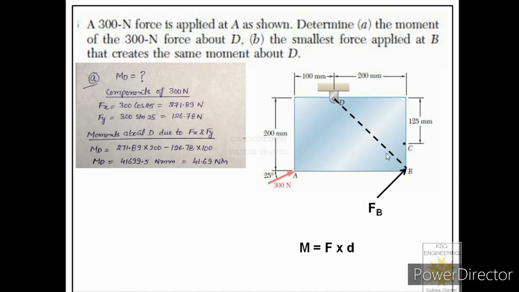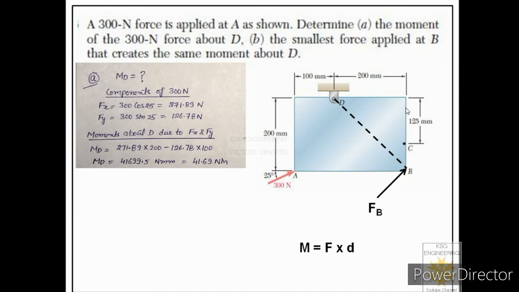So how can we find DB? We can find its moment arm through this triangle. In this triangle, the hypotenuse is DB, the perpendicular is a length of 200 mm, and the base is a length of 200 mm. Now you can see these two lengths, base and perpendicular, are both of the same length. It means these two angles are 45 degrees. This is 45 degrees, this is 45 degrees, and this is 90 degrees.